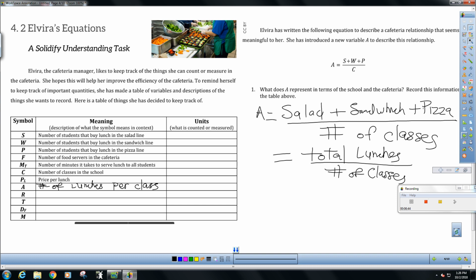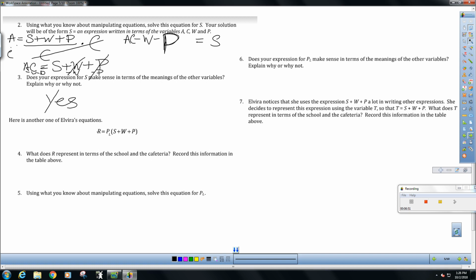So if we took the price per lunch times the total lunches ordered, what would that give us, Carson? It would give us R, but what does R represent?